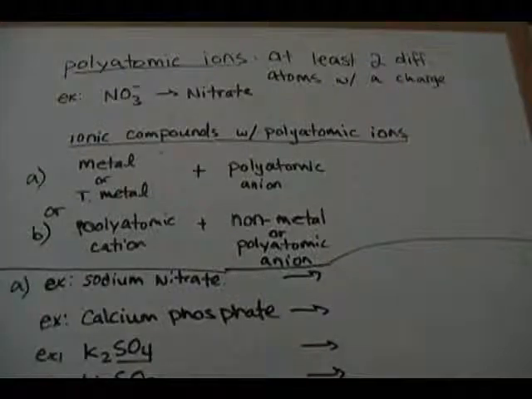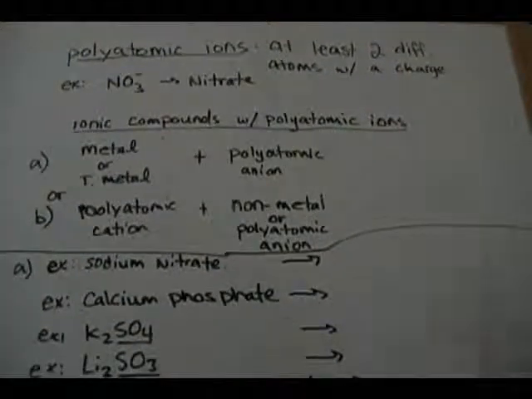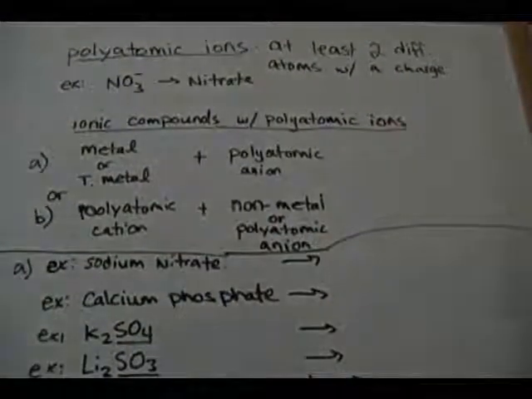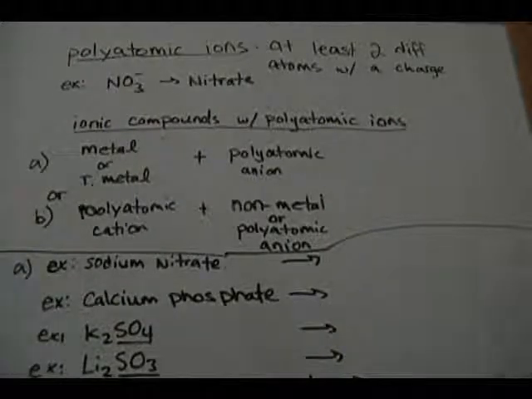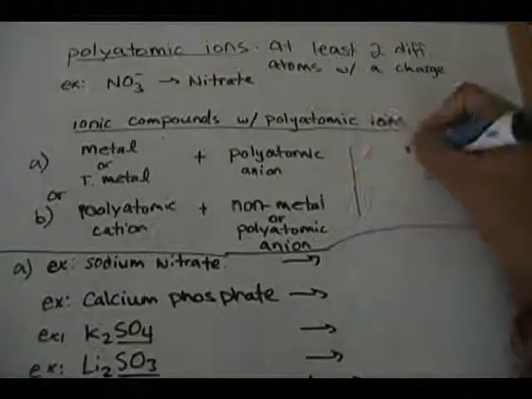In regards to naming things, for example, let's look at this one down here, sodium nitrate. If you recall from the previous videos, I talked about how you change the ending of a non-metal to "ide" when you form an ionic compound. In this case, you don't have to do any of that. All you have to do is just say the metal first, okay? So I'll put this here for naming.